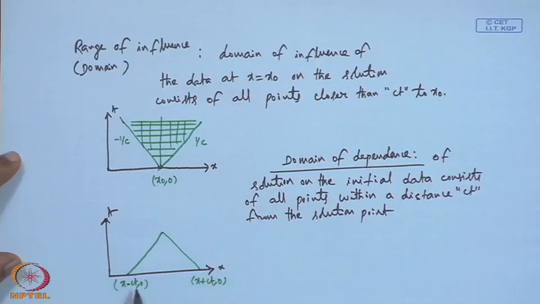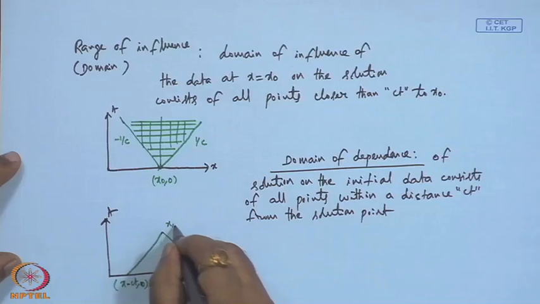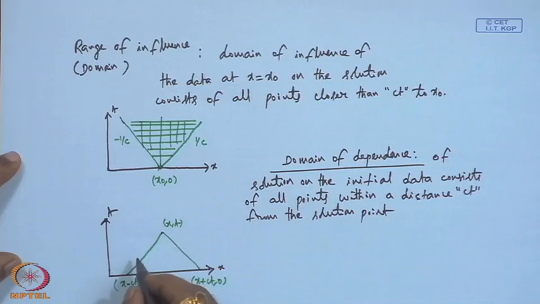So, these are x minus c t and x plus c t at t equals 0, and this is the point x, t, the solution point.